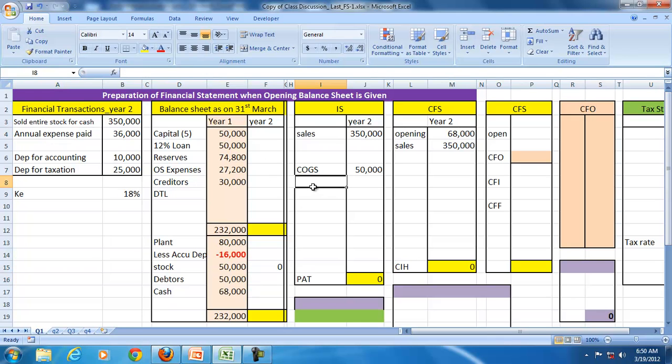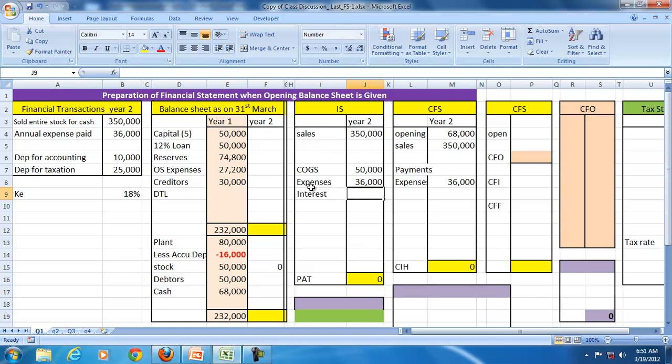Annual expenses for the period is 36,000, and we paid that during the period. So payments for expenses is 36,000, no outstanding.